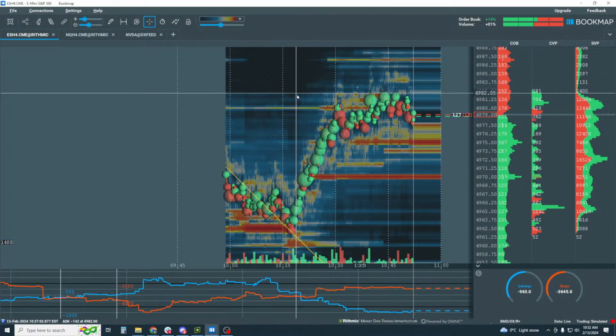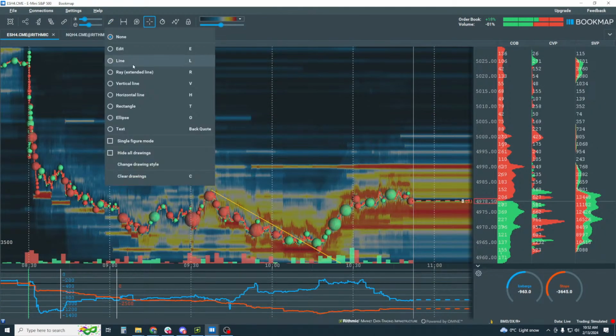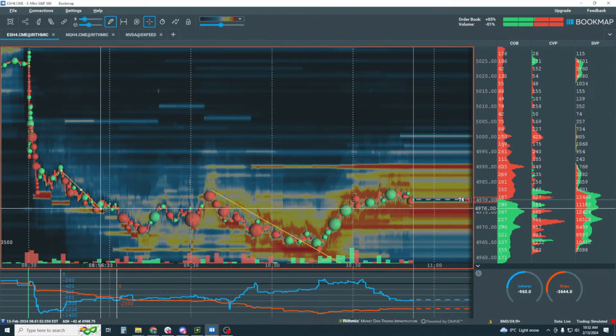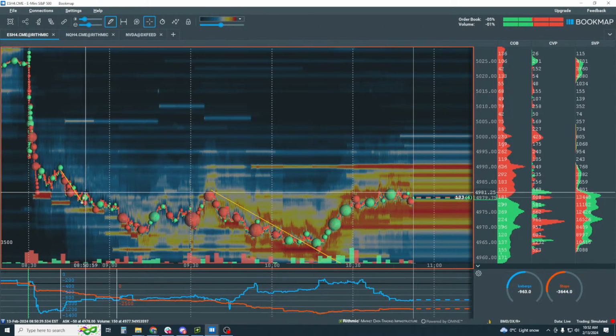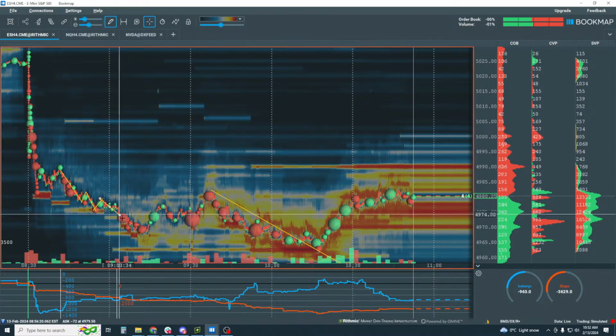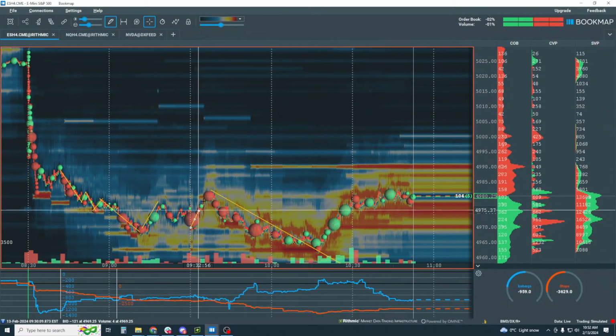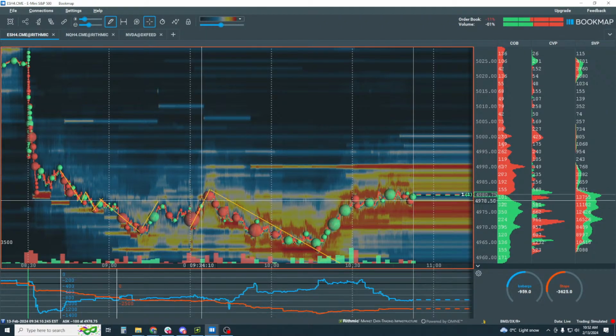And we can do the same in here in Bookmap. We've done it a million times in here, just by using a simple line, starting to understand how big these pullbacks are, or how big these moves are, and then you can justify this. Look at these moves in here.